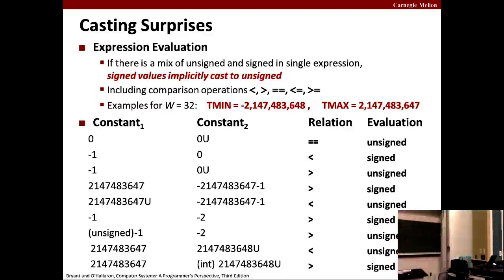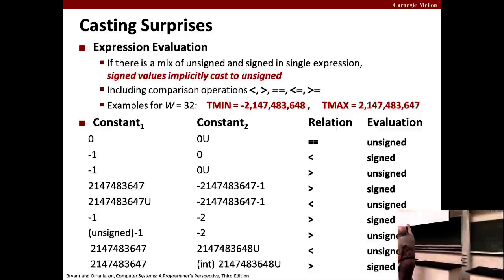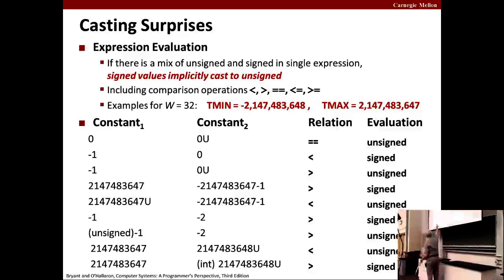They do it for that reason, and they put parentheses around it, so there's no precedence problem. But you see that number that ends 647, that's T max. So basically, it's just saying that T min is minus T max minus 1.